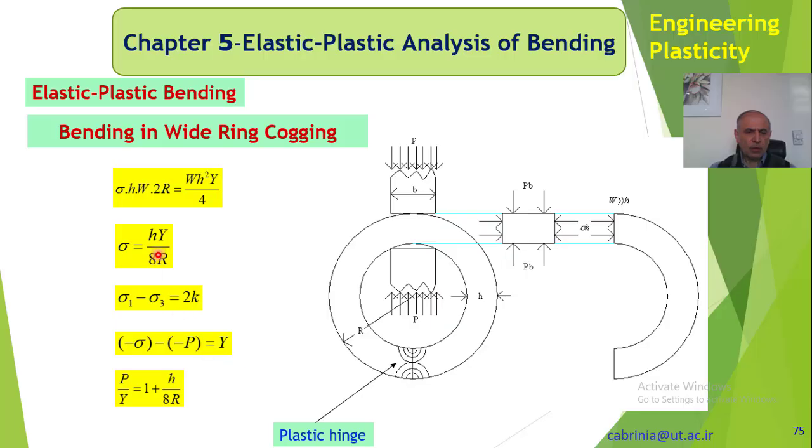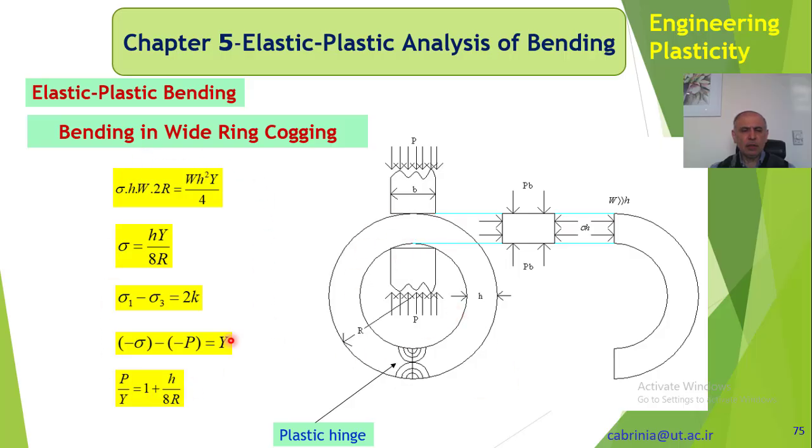And if we put here for sigma, from this relationship we get p over y, 1 plus h over 8r. So we get p, the pressure needed to press the ring in order to deform it. That's what we want. In metal forming processes, we need to find out what load we need to deform the material with a certain geometry.